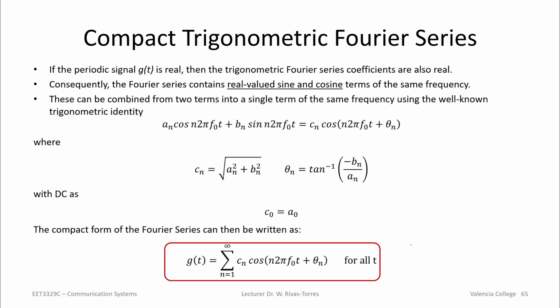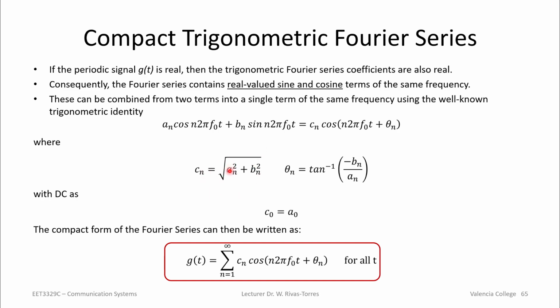There is an even more compact way of showing the Fourier series, and it comes down to this identity, right? If you have A cosine something plus B sine something, you can express it as C cosine of an argument plus a phase, right? And then the C of n, or the magnitude, this is what it would be.